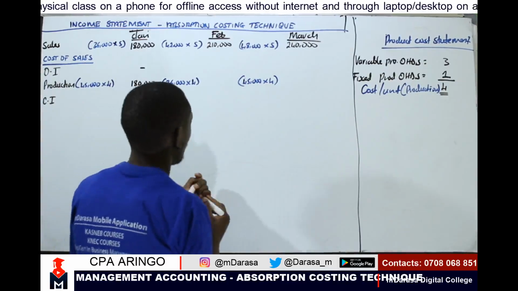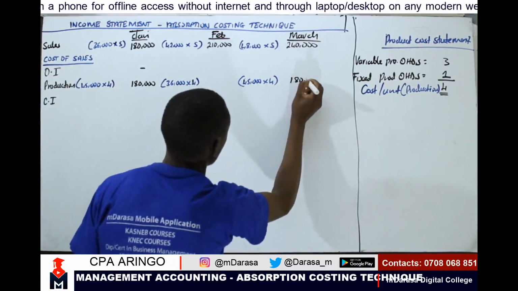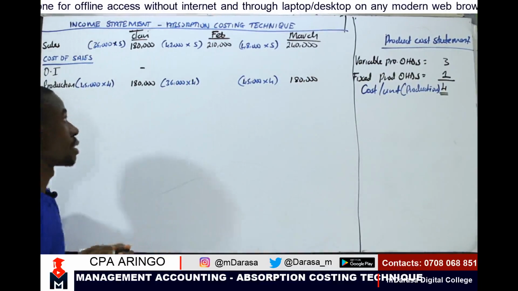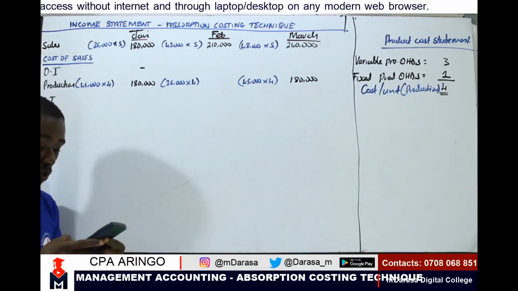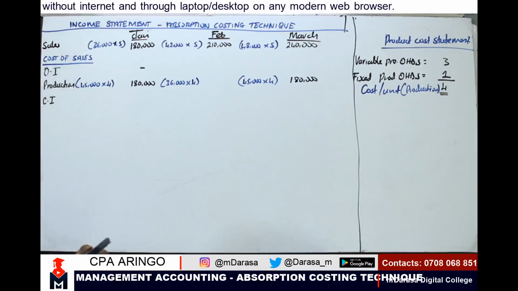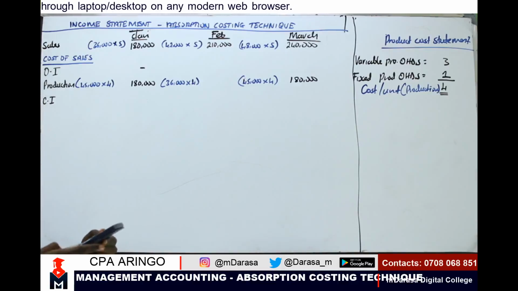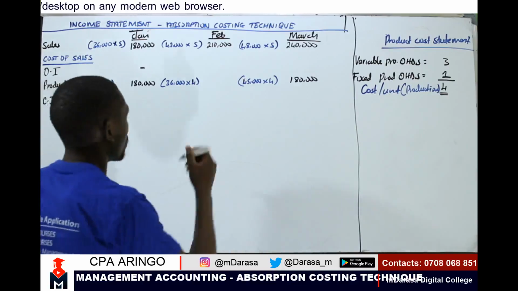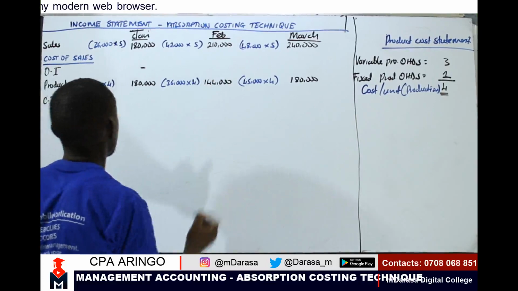So this should give me how much? 180,000, just as the same one that we had in the month of January. In the month of February, I should be having 36,000 by 4. That should give us 144,000. So that is our production.